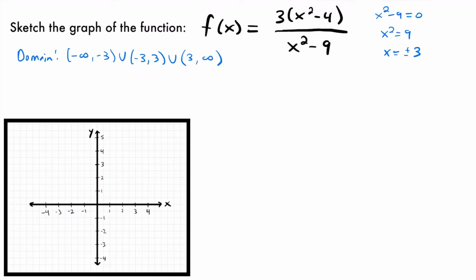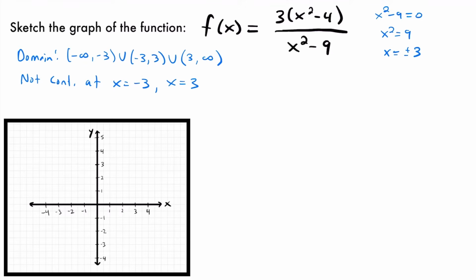And so in terms of the continuity, which is the next thing that we would be interested in knowing for this function, we found that our function is not going to be continuous at those two values, x equals plus or minus 3. And so then the other thing that we learned from that is where we have vertical asymptotes, because vertical asymptotes are found from setting your denominator of a rational function equal to 0.